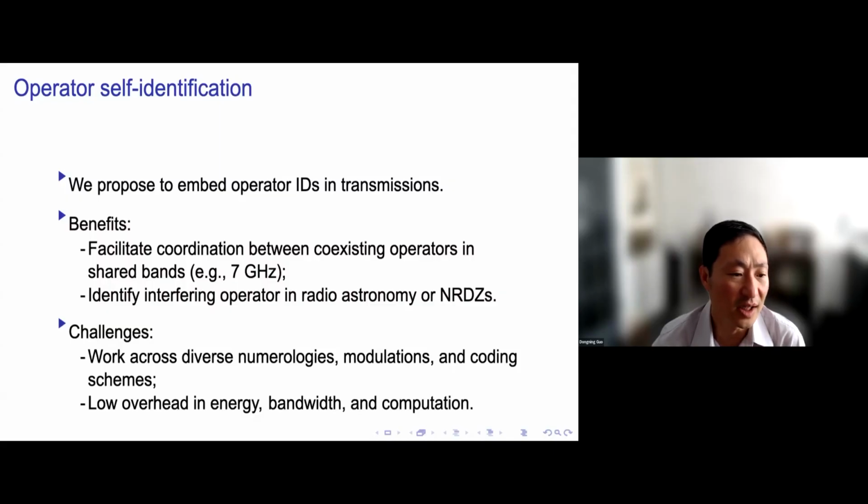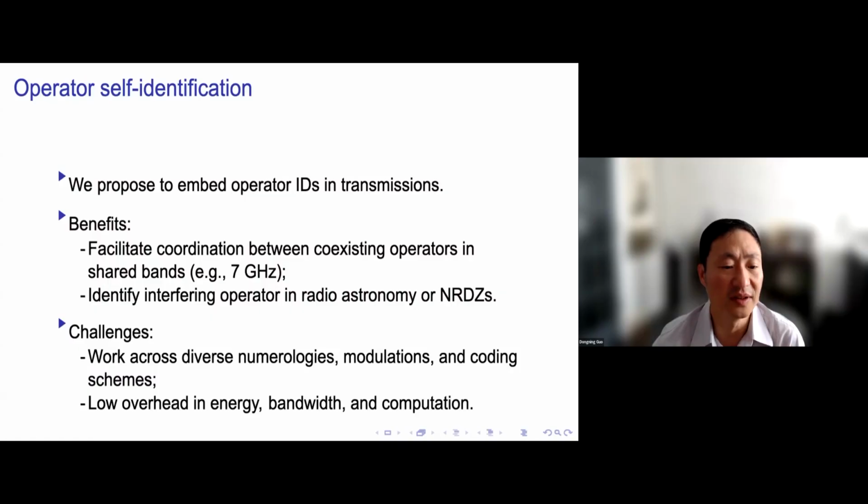So the challenges here are that we wish to be able to still identify the operator when we don't necessarily understand what the entire spectrum band is that the other operator is operating, because we don't know who that is to begin with, and we don't have information about how to synchronize to that transmitter and how to compensate for frequency offset, timing offset, and all of these things.